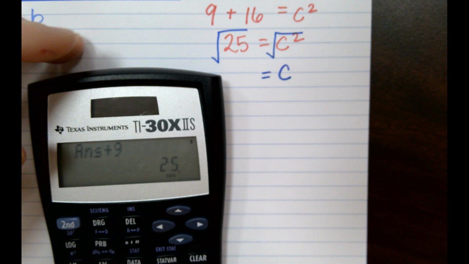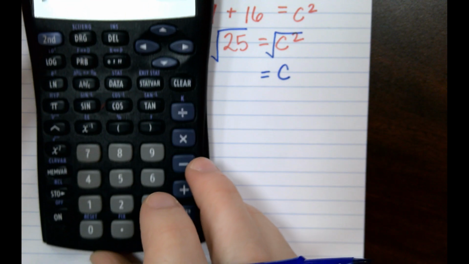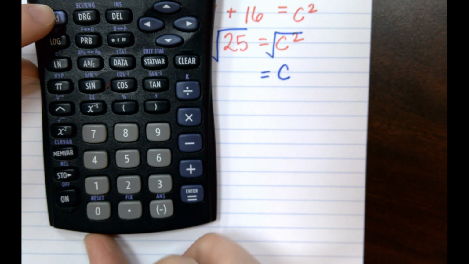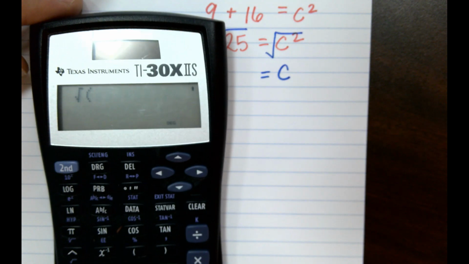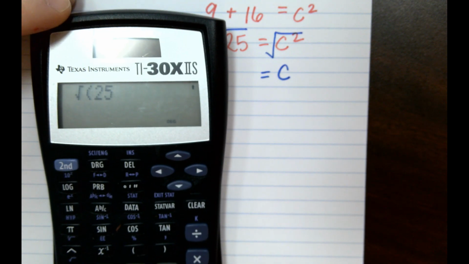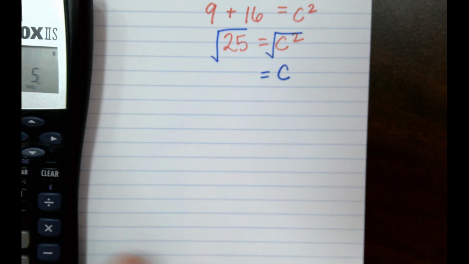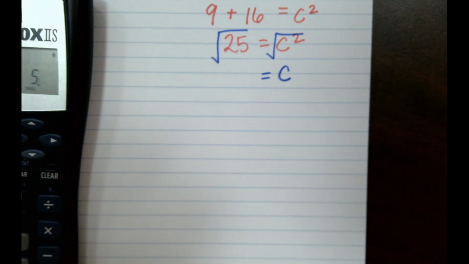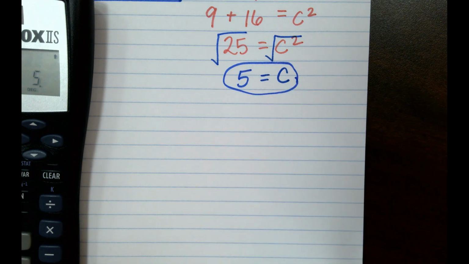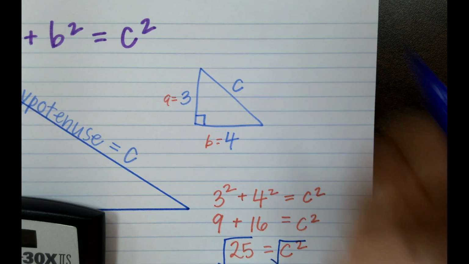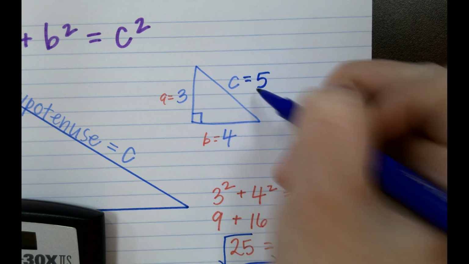Yes, and I'll show that on here in case anybody doesn't remember. Second, square root, 25. And what's our answer? 5. So yes, C equals 5. That means our missing side here is 5.